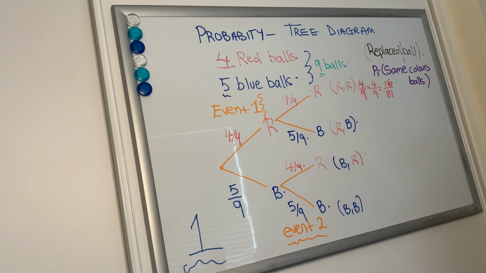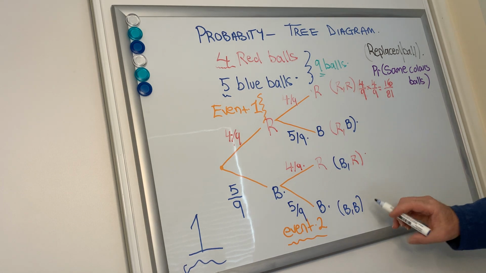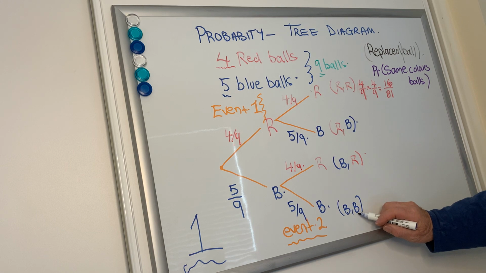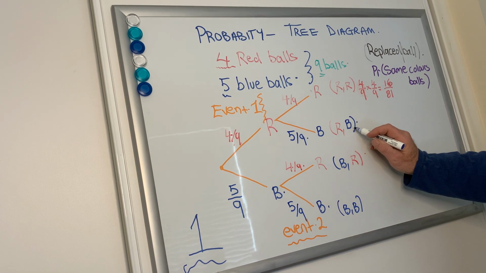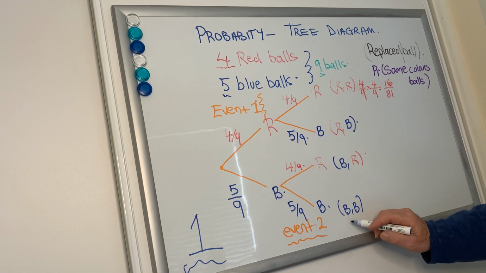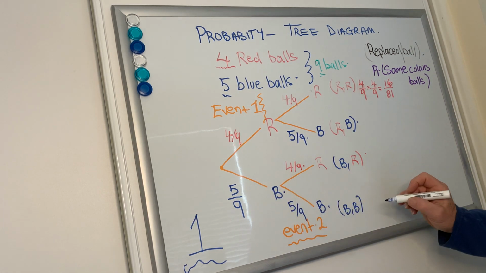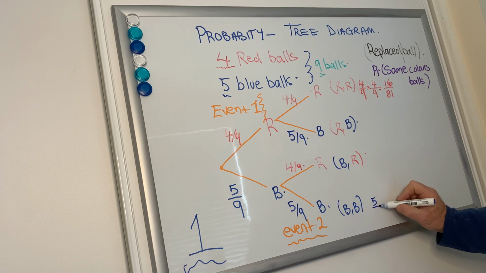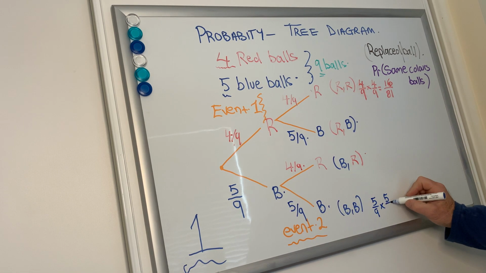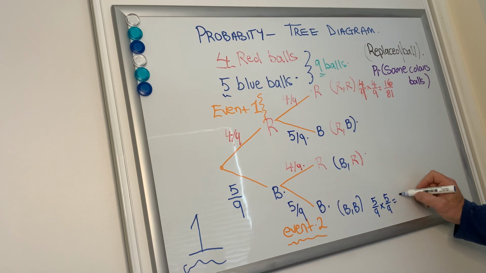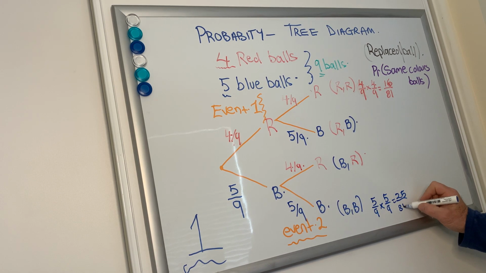And if we have a look at the other same colours, blue and a blue, it's not going to be either of these ones because that's a blue and a red, and that's a red and a blue, so they're not the same colour. So the probability here is 5 over 9 times 5 over 9, which is equal to 5 5s are 25 over 9 9s are 81.